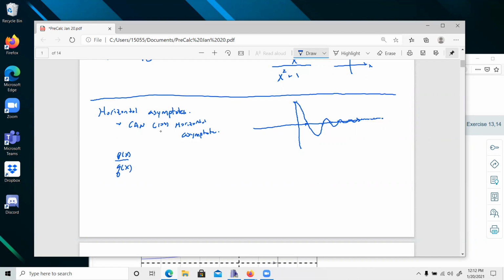This is not the form we have for rational functions right now, but we have to look at the degree of p of x and the degree of q of x.